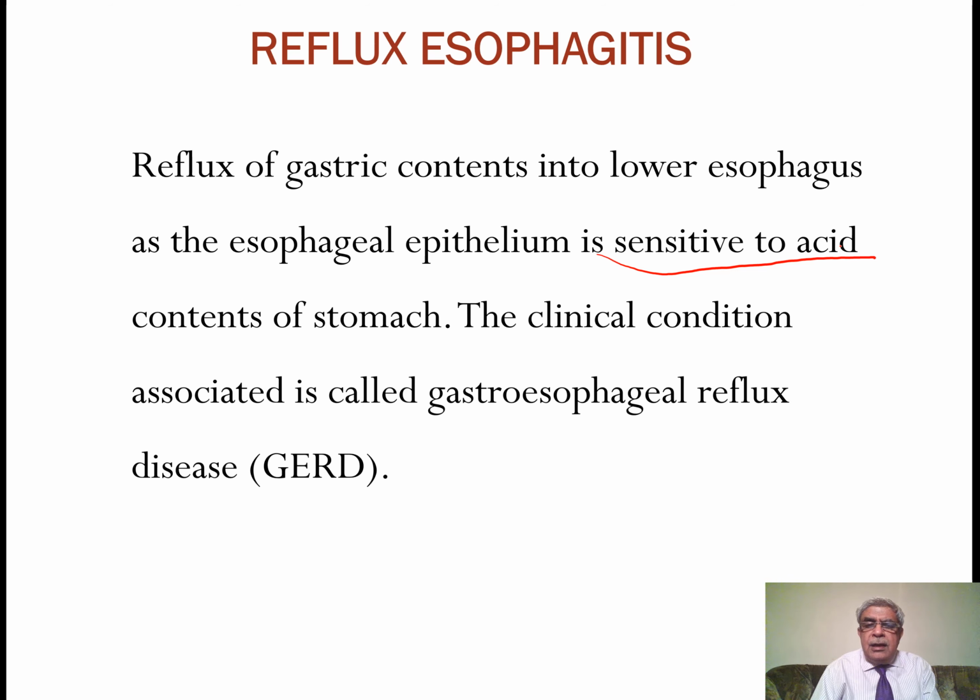The clinical condition associated with this is called gastroesophageal reflux. So once again, the clinical condition which is associated with it is called gastroesophageal reflux disease.